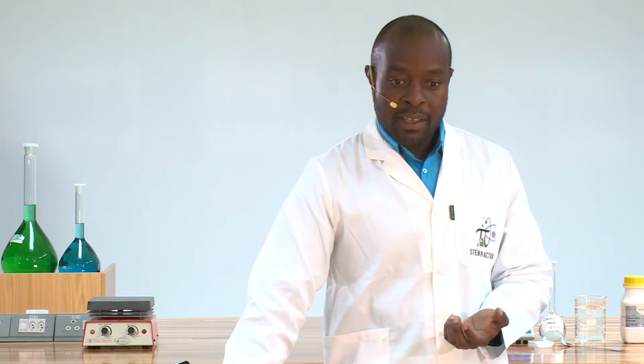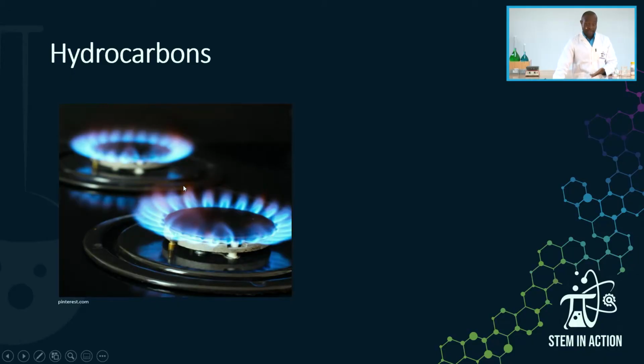So you get your natural gas that we use for heating. Most hydrocarbons, we indicated that they have a low boiling point because of their weak intermolecular forces, because they are nonpolar, right? So they are very flammable. They easily can be ignited into a flame. So they find uses as fuels. And here is natural gas that is used for home cooking.